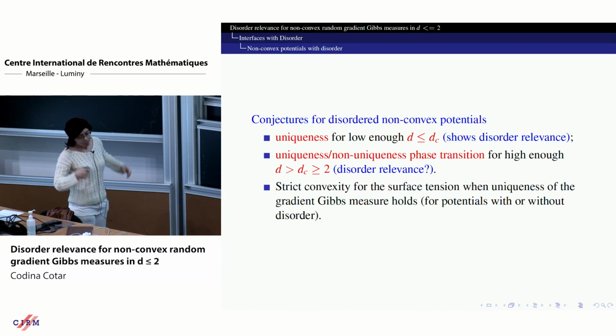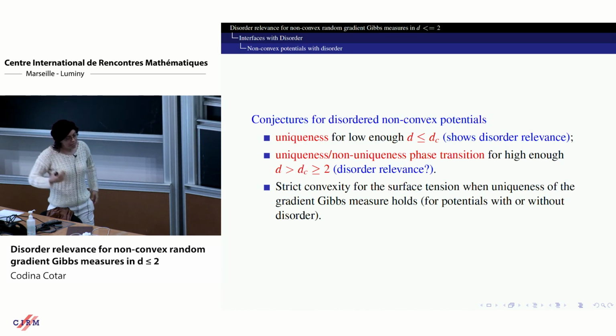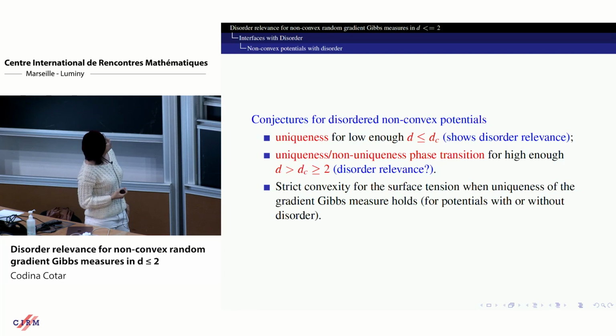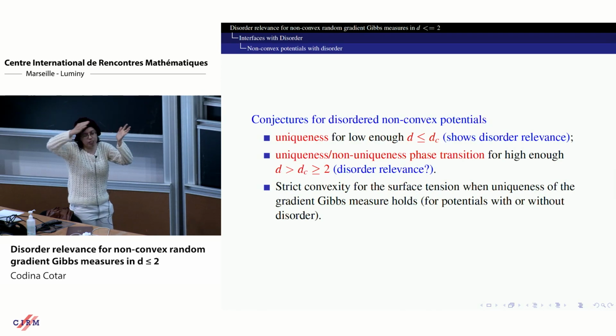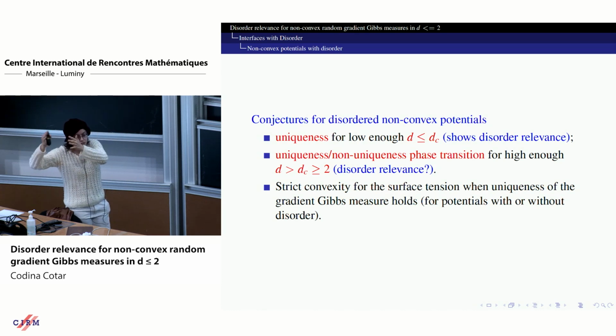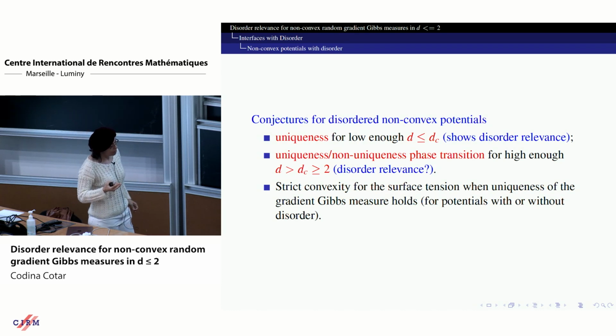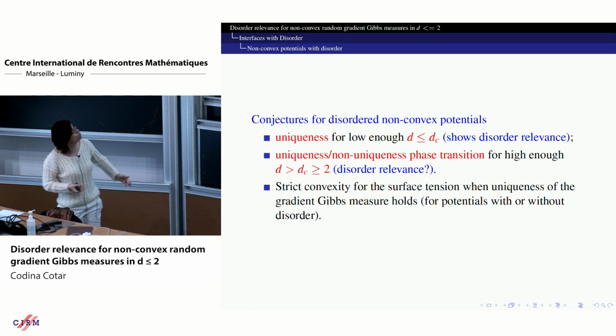And then trying to match the behavior of the Aizenman-Wehr model, we conjecture that once you pass this critical dimension, there should be a phase transition from uniqueness, and the parameters for which you have uniqueness in the higher dimension should shift.